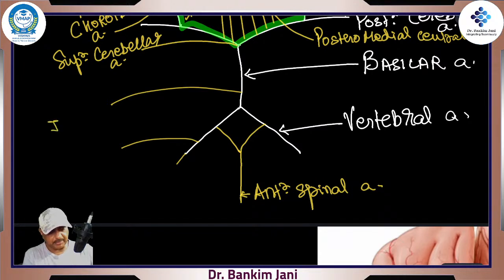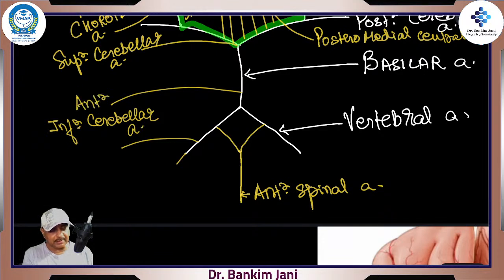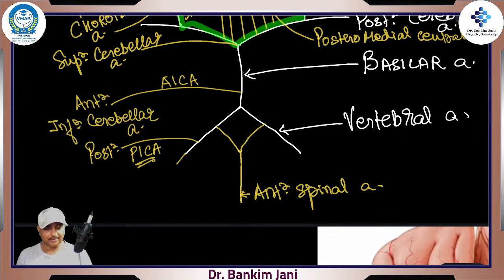So we'll write it in the middle. It is the inferior cerebellar artery, both of them. So we need to justify. Let's name it the anterior inferior cerebellar artery, lovingly called AICA. Then this one would be called the posterior inferior cerebellar artery, or PICA.